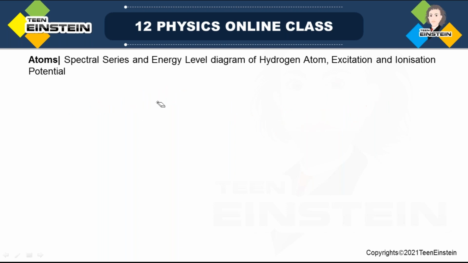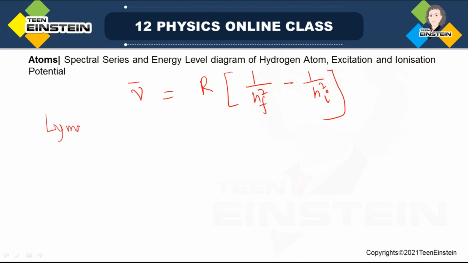So we have already learned that nu bar is given by R, the Rydberg constant, into 1 by nf square minus 1 by n initial square. Now for the Lyman series, what does this mean? The electron is making a transition from some initial state to a final state.